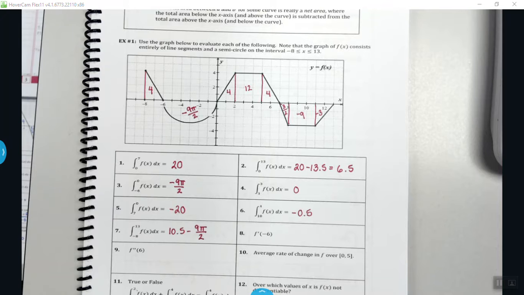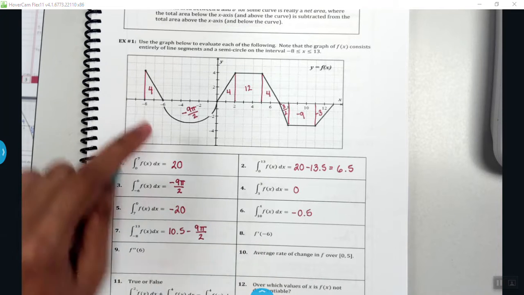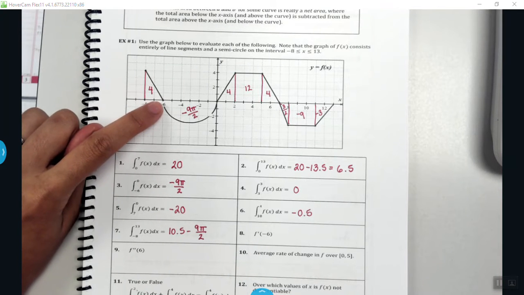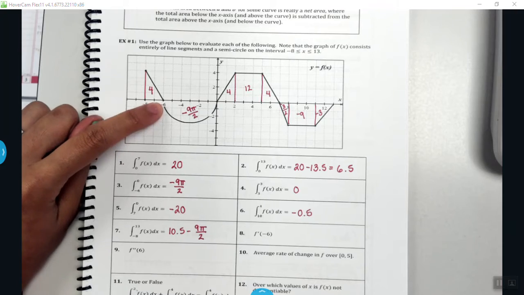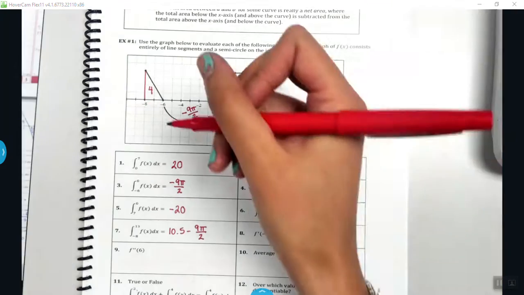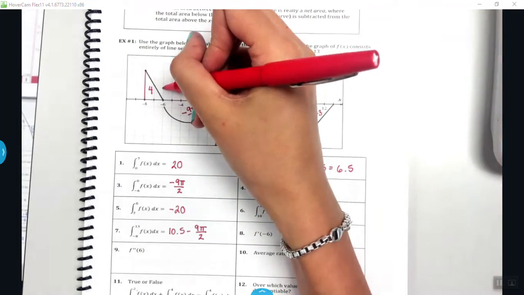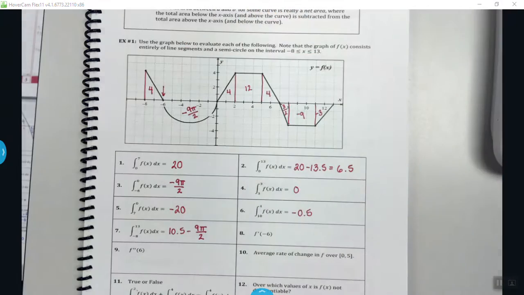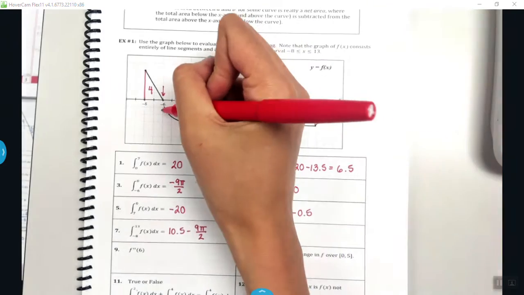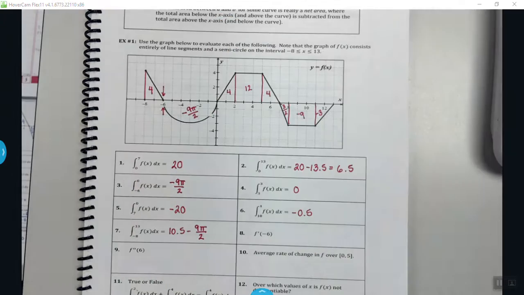Okay, what's the derivative at negative 6? Here's negative 6. Oh, wait, negative 6. No, that's negative 6. Right here. What's my derivative? It's not differentiable, is it?